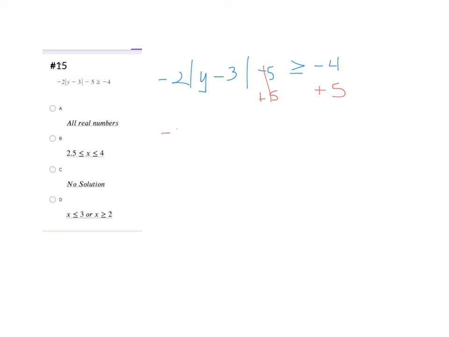That's going to give me negative 2 times the absolute value of y minus 3 greater than or equal to 1. Now I'm going to do the inverse of multiplying by negative 2, which is dividing by negative 2. Do that on both sides. Absolute value of y minus 3. Now because we divided by a negative, we have to flip the inequality.